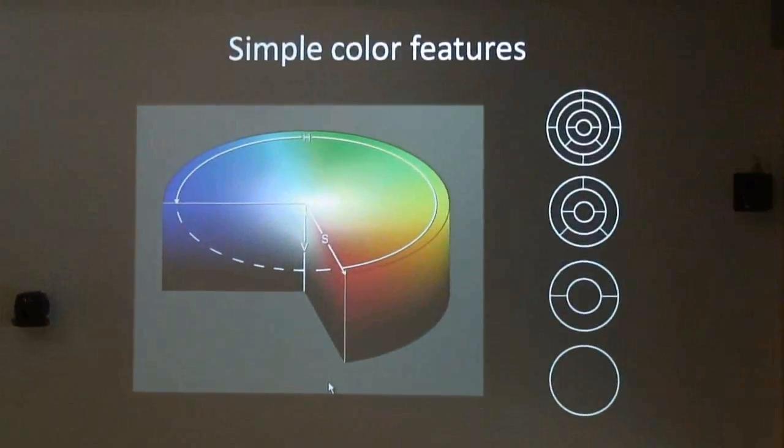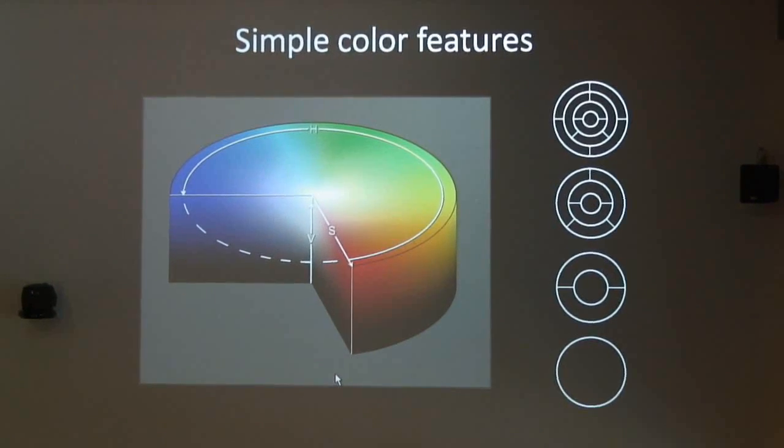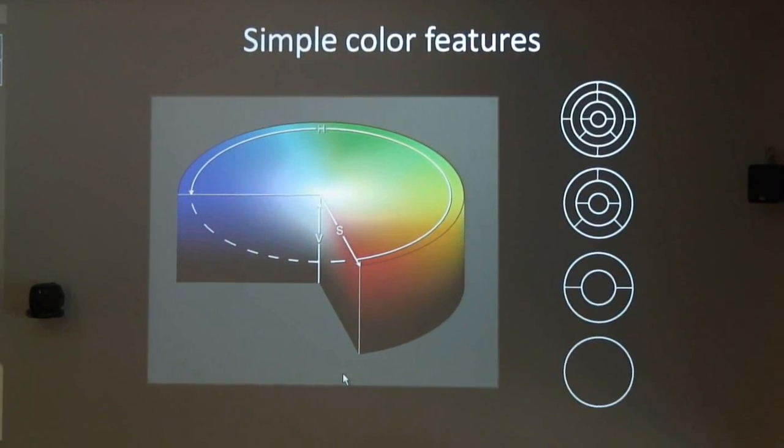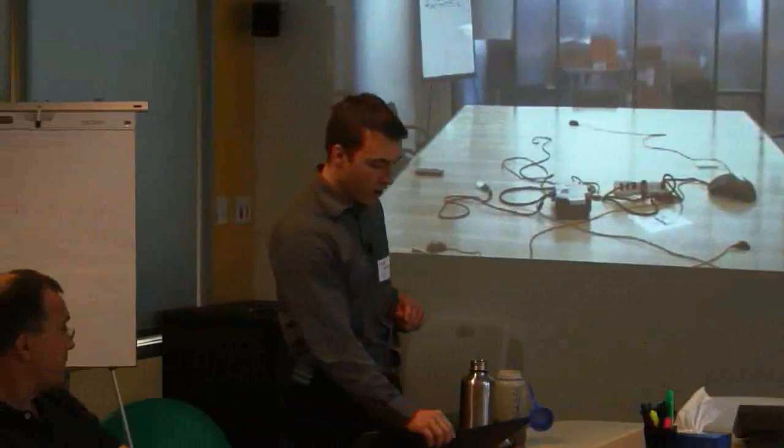What are you applying it to? Every pixel, or the average of the image, or something else? I do a count. So think of all these as bins, and I count how many pixels fall into each bin. So each image is a 120-dimensional vector, for the number of colors here.